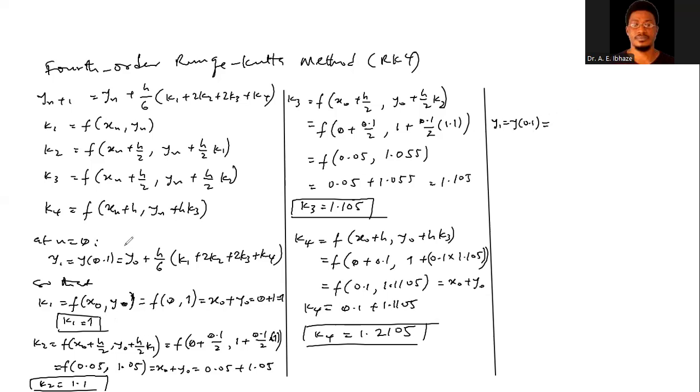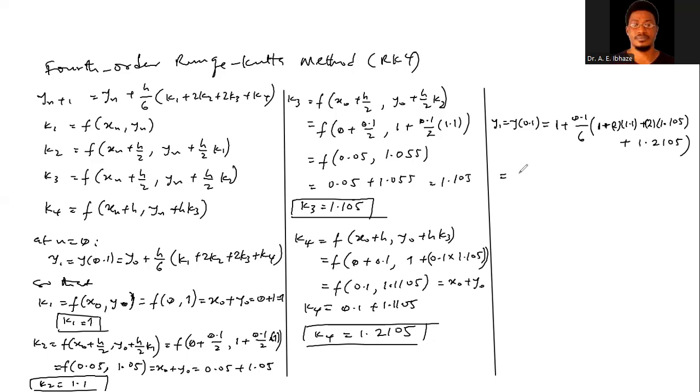So this is going to give us y0, which is 1, plus h over 6, which is 0.1 as given, divided by 6, into bracket k1, which is 1, plus 2 times k2, which is 1.1, plus 2 times k3, which is 1.105, plus k4, 1.2105, bracket close.